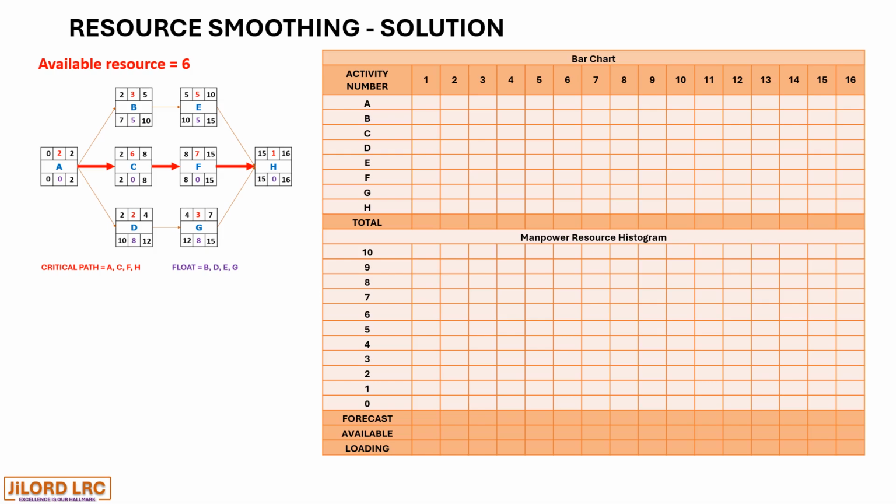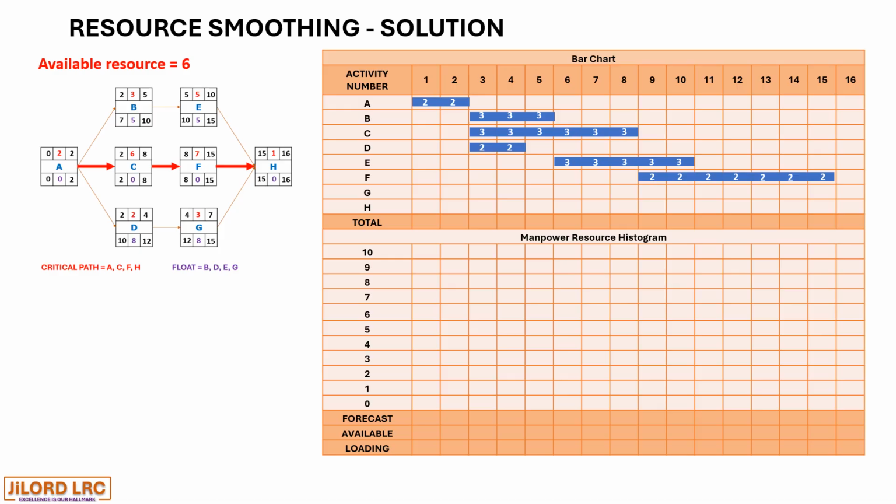for the activities. We have activity A being 2, B being 3, C being 6, D being 2, E being 5, F being 7, G being 3, and H being 1.